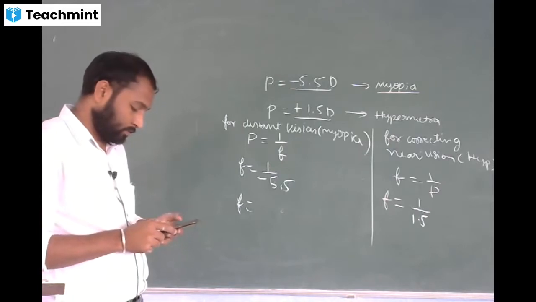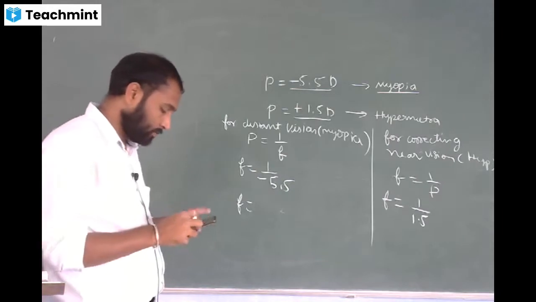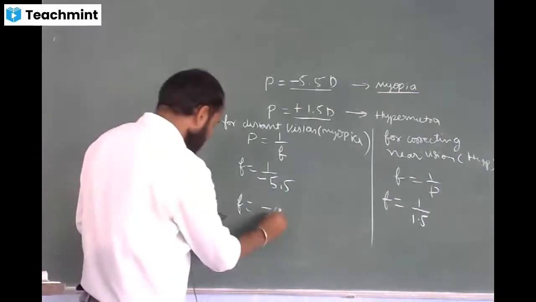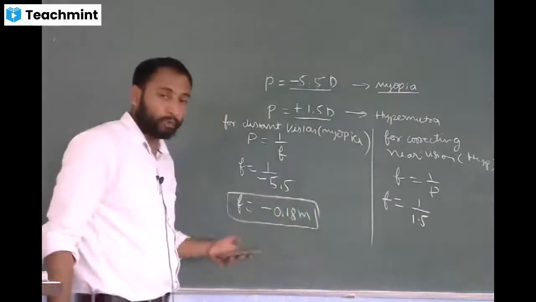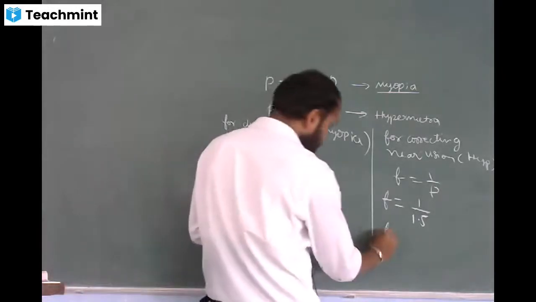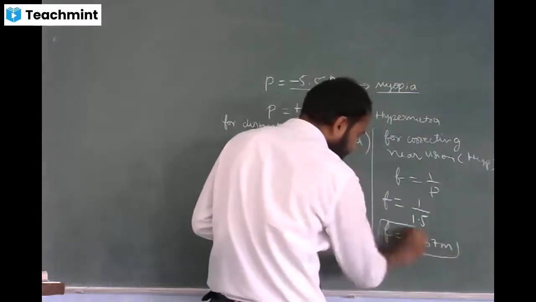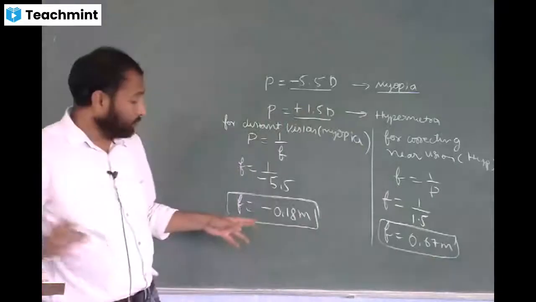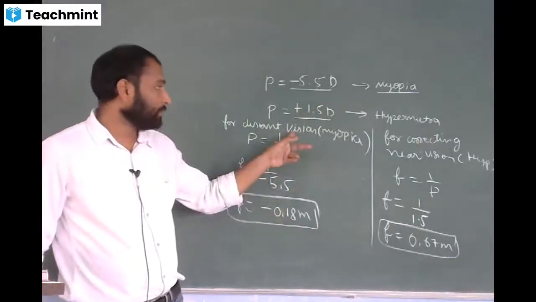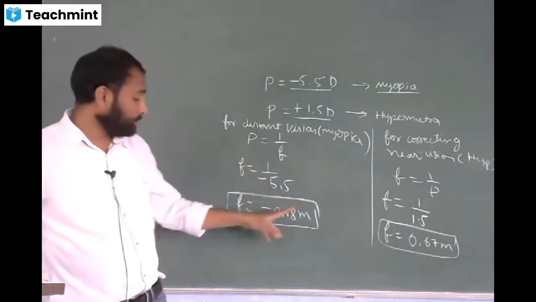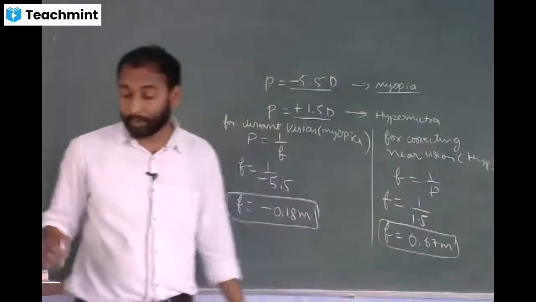It is minus 0.18 meter and 0.67 meter. So minus 0.18 meter is the focal length for the myopic person, and 0.67 meter is the focal length for the hypermetropic person.